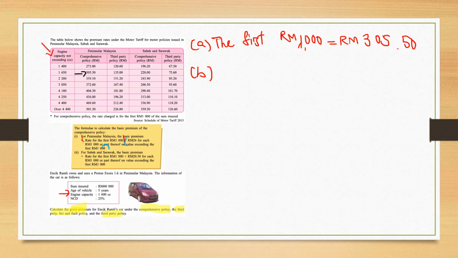It's referring to the sum insured, 60,000 right here. So 60,000 will be your x value as shown. That means what you need to do is RM26 times 60,000 minus 1,000 over 1,000.